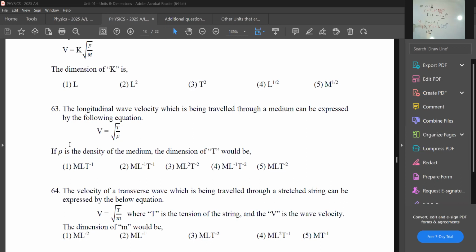Others? The longitudinal wave velocity which is traveling through a medium can be expressed by the following equation. If rho is the density of the medium, the dimension of T would be, yes, dimension of T.